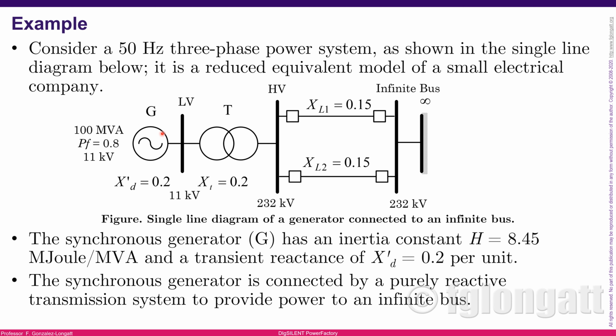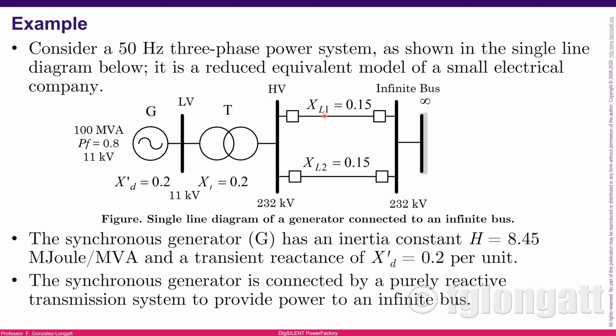In this case, this is a 100 MVA synchronous generator connected to a bus bar that I call LV, short for low voltage. Then we have a classical step-up transformer, going from 11 kV to 232 kV, okay? I call this bus bar HV, the short name for the high voltage side, okay?